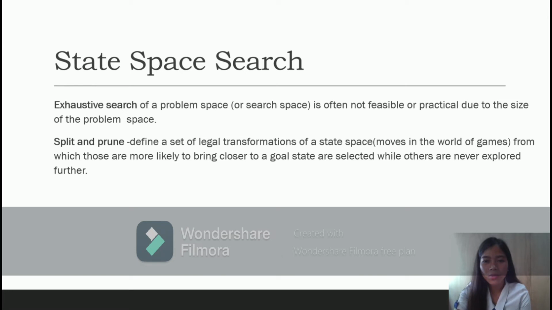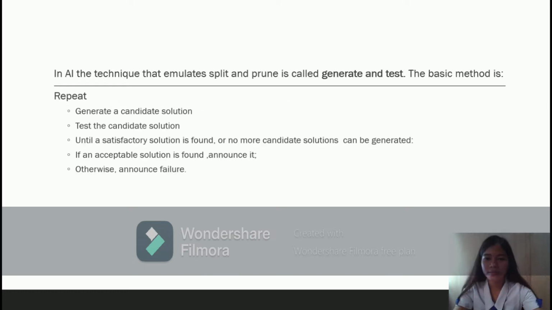More often, we are able to define a set of legal transformations of a state space, from which those more likely to bring us closer to a goal state are selected while others are never explored further. This technique in problem solving is known as split and prune. In AI, the technique that emulates split and prune is called generate and test.